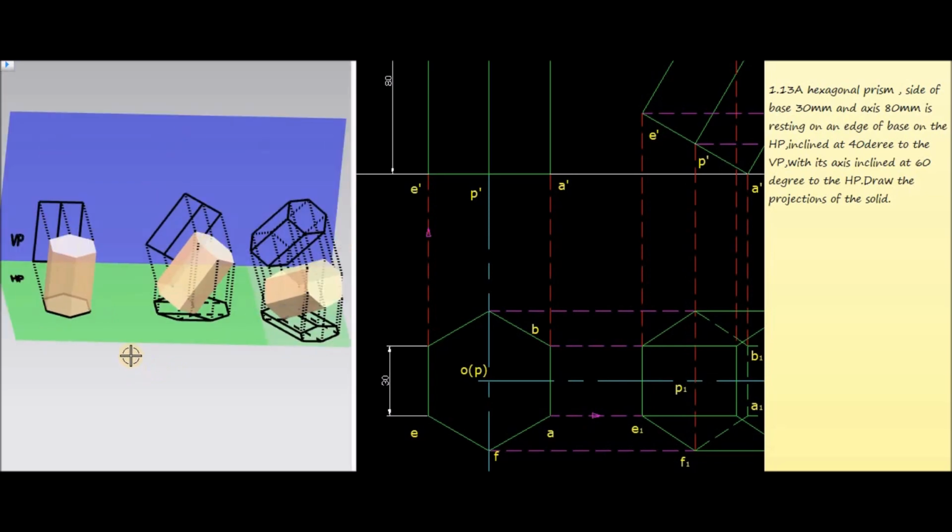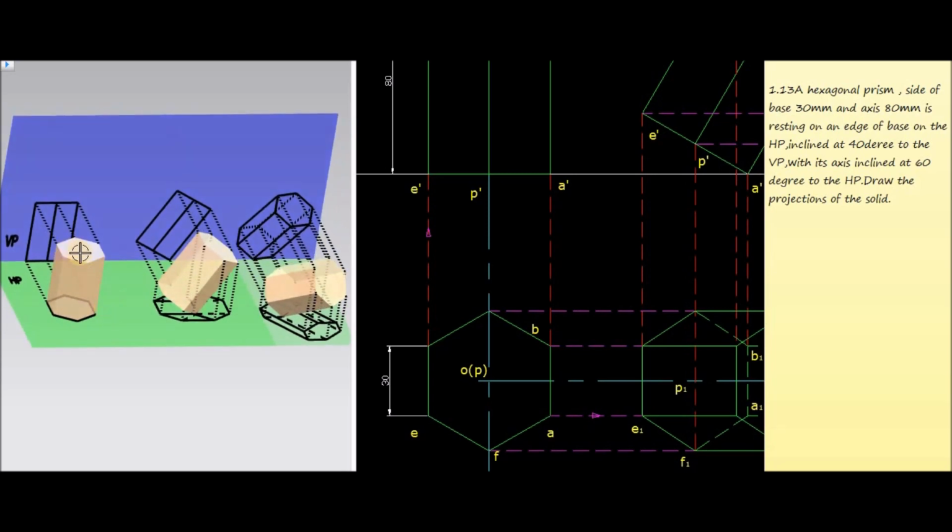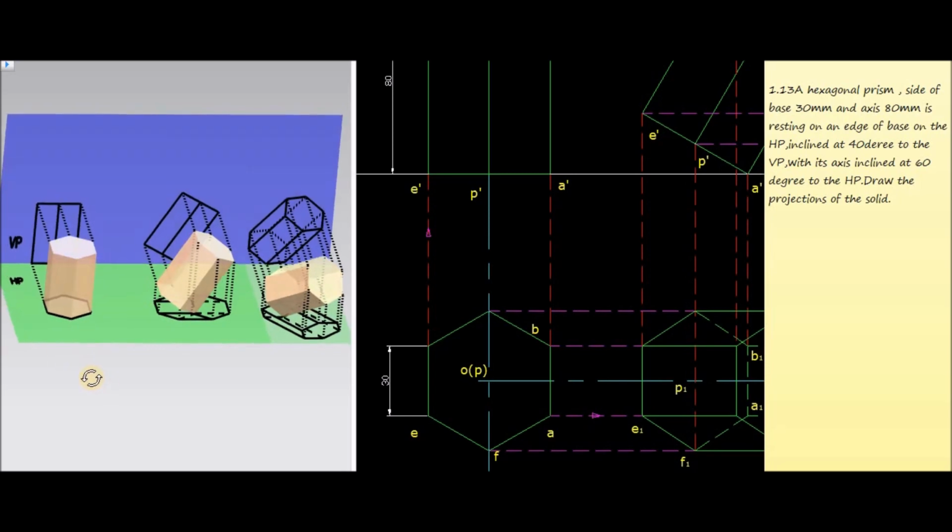So before going to that, we can see the front and top views of the first stage. Observe this hexagonal prism from the front side. That means project all the top corners and bottom corners to the vertical plane and join all those corners. We get one rectangle, and that represents the front view of the hexagonal prism corresponding to the initial stage.